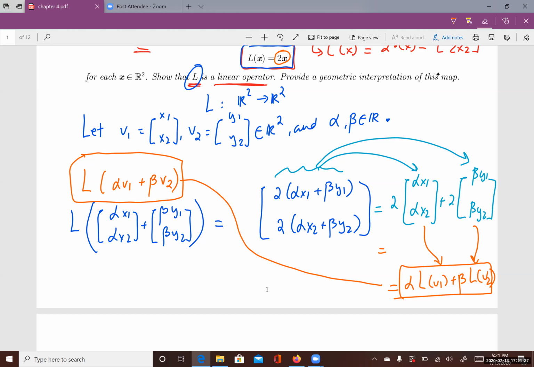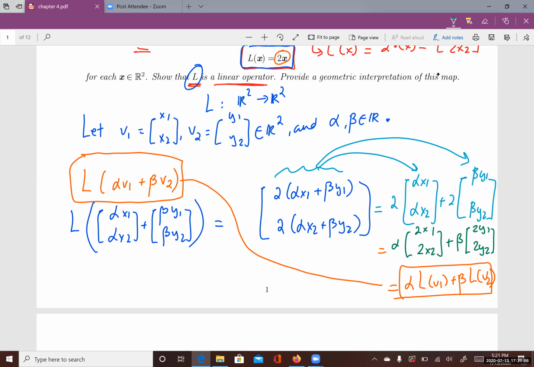If you want to go another step, I can show you this. This will be alpha times 2x1, 2x2 plus beta times 2y1, 2y2.